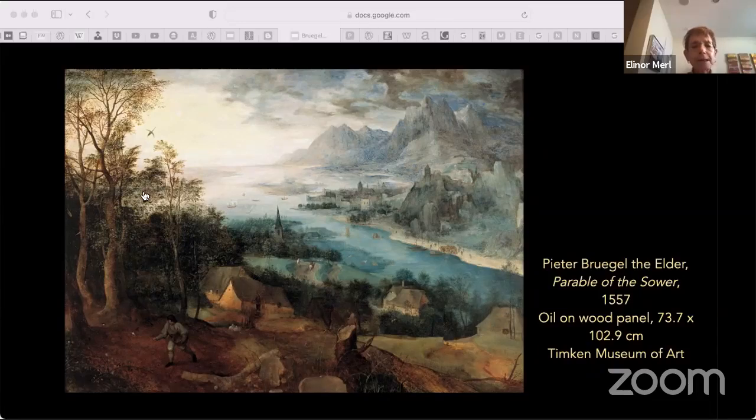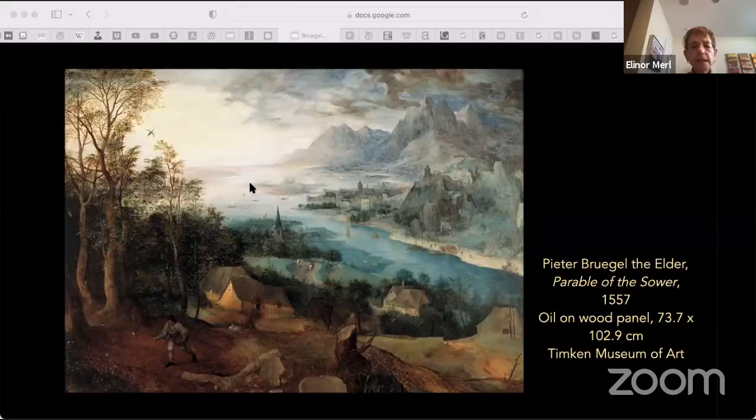The narrative depicts a peasant in the left foreground sowing seeds, or Christianity's message. Jesus preaches to a small group in the distance on the banks of a river that leads the eye into the background. A rugged mountain range reaches toward heaven, offering a magnificent path to eternal salvation.